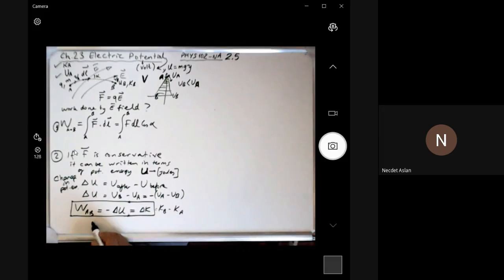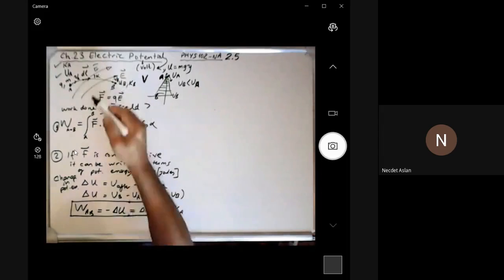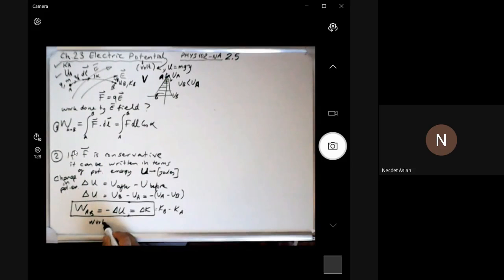Don't forget, the object is moving from A to B. If the work done is positive, because it can be negative also, right, depending on the differences in the potential energies and kinetic energy, but if the work done is positive, then we expect that it speeds up, right? Then KB should be greater than KA. But we will see that it's just the opposite for the potential energy.